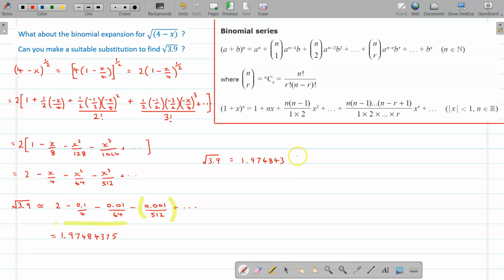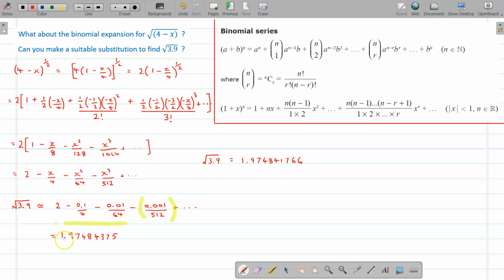In fact, it's 41766. Okay, and obviously it continues after that, but that's to quite a few decimal places.